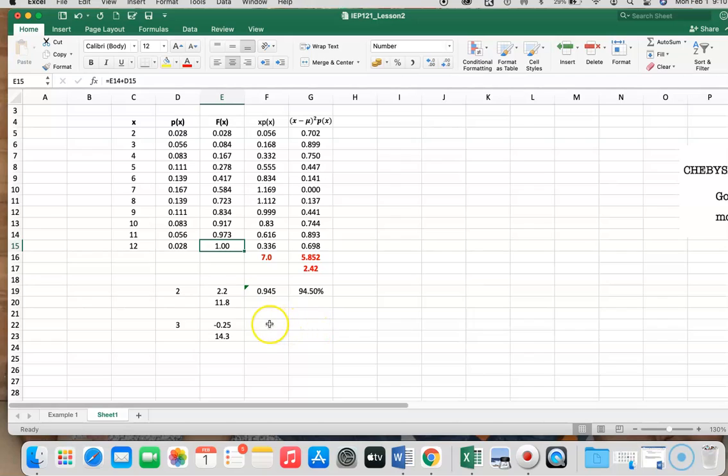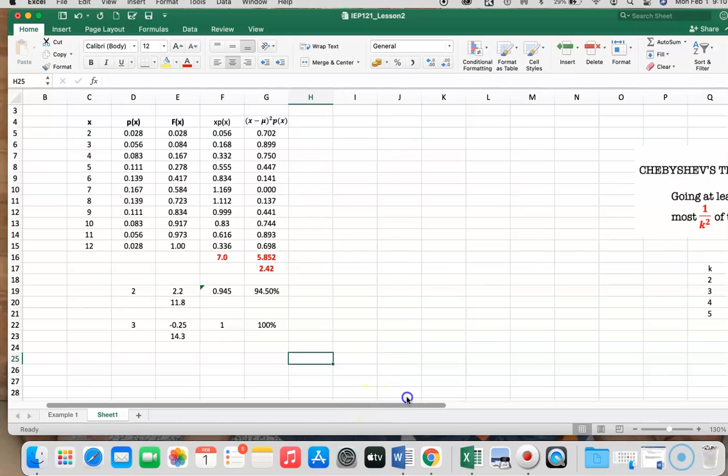So at least 1.0, or 100%, of the probability distribution is within 3 standard deviations from the mean. 100% is greater than 89%, so it agrees with Chebyshev's theorem of at least 89% of the distribution.